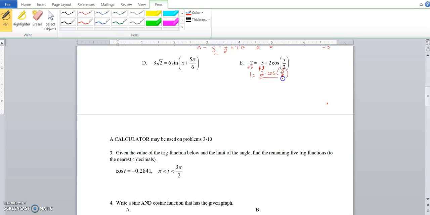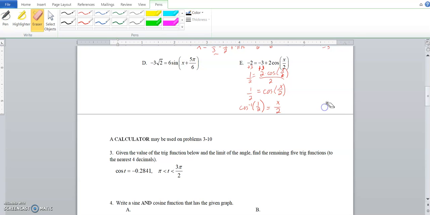Then we divide by 2 on both sides. And we get cosine, so half is equal to cosine of x over 2. So we're going to take the cosine inverse, and we find cosine inverse of a half is set equal to x over 2.